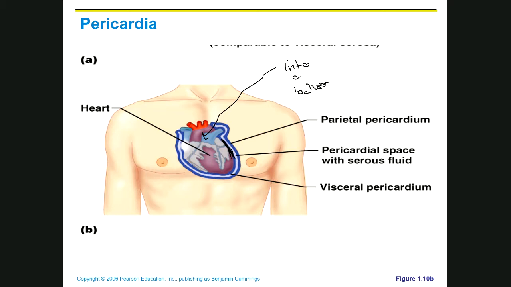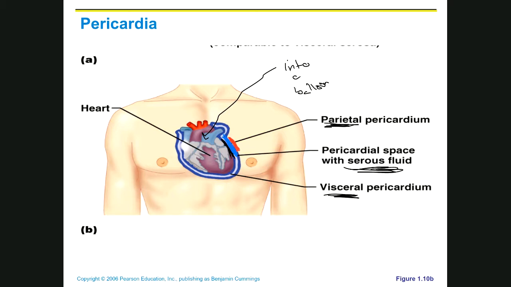And there's a space in between. And that space has fluid in it, like water, like our water balloon. So what we're going to wind up with is a double layered membrane, a visceral layer and a parietal layer, and then we're going to wind up with a cavity or space with fluid in it.